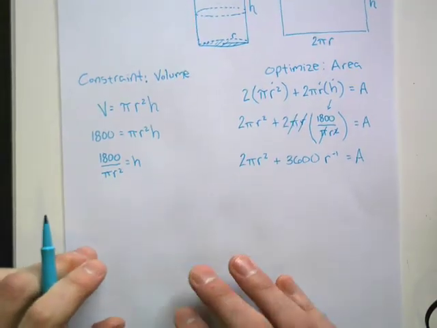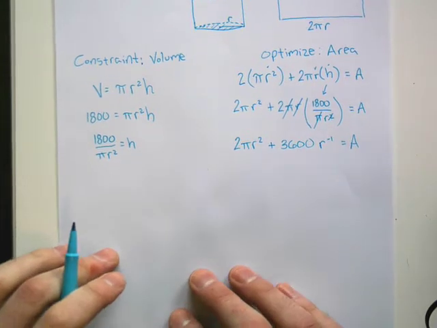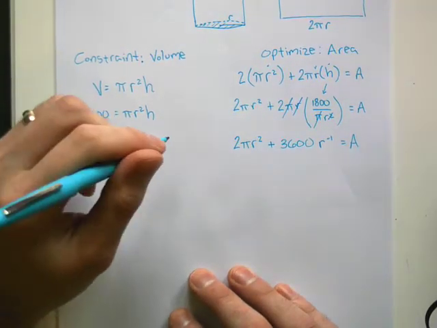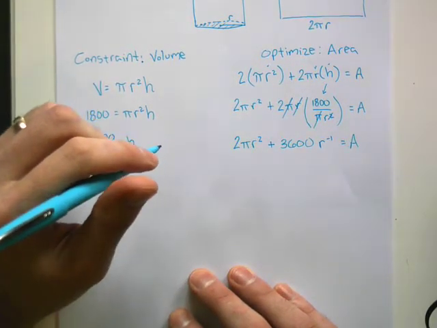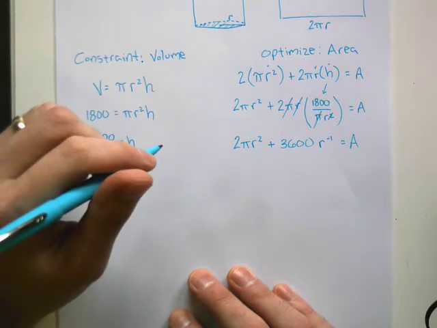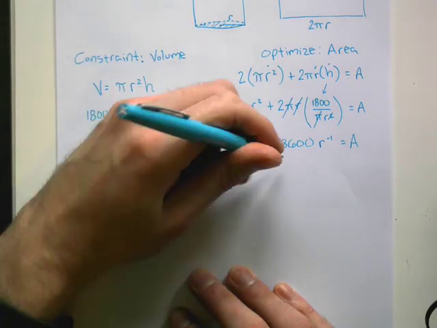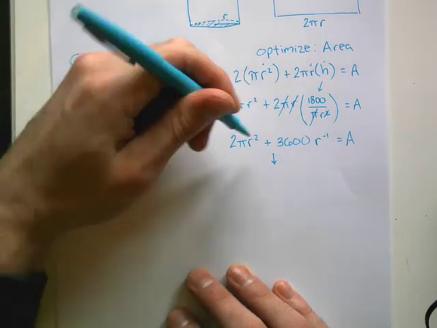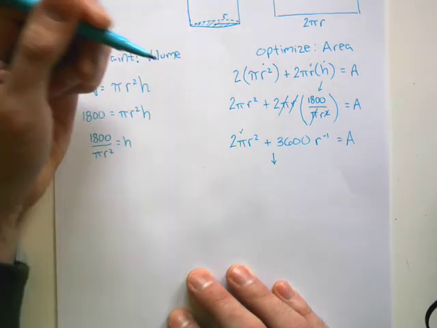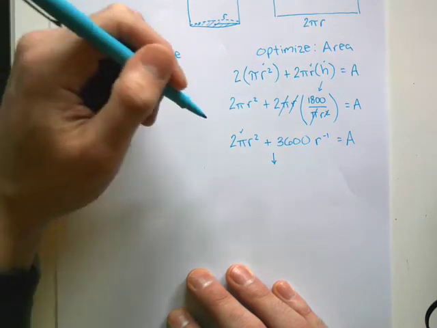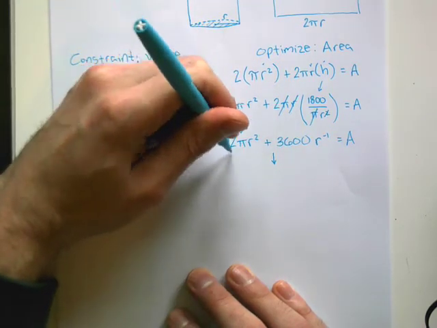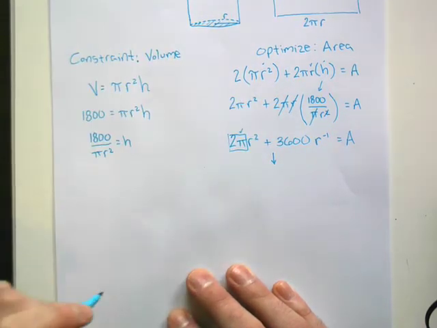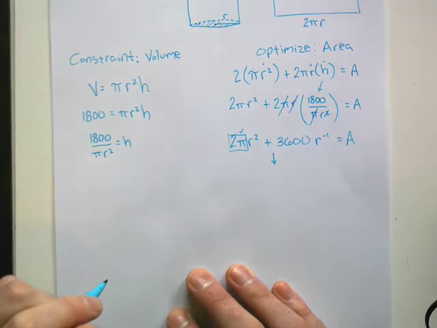Okay? So far, so good? All right, let's find the critical point and see what our r is so that our surface area is minimized. So let's take the derivative of this. When you're taking derivatives, please don't be fooled into thinking that pi is a variable. Pi is not a variable. Pi is something we know. It's a constant, so think of 2 pi as your constant.